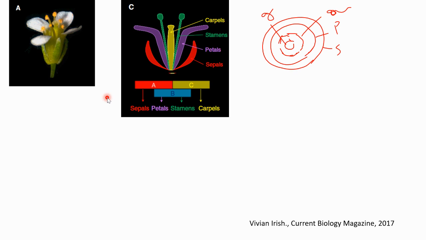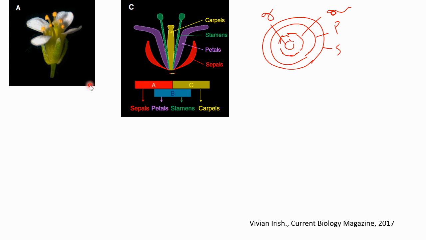But here, from a single meristematic region, different whorls are arising. That means they must get different identities and differentiate in different ways to give rise to petals, sepals and so on. So there must be something specifying their identity.